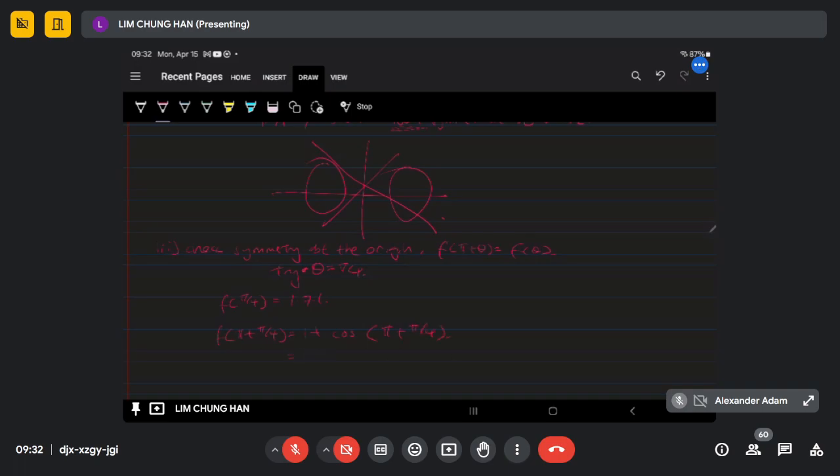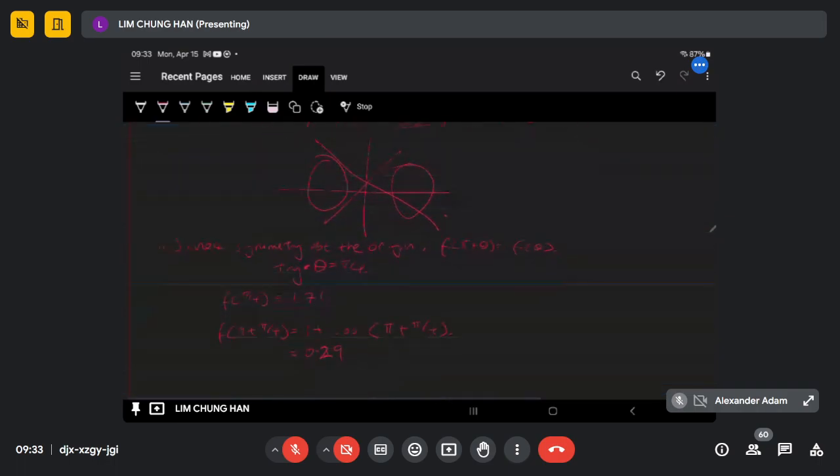What is cos pi plus pi over 4, plus 1? 0.29.